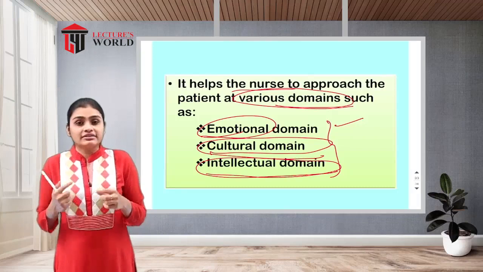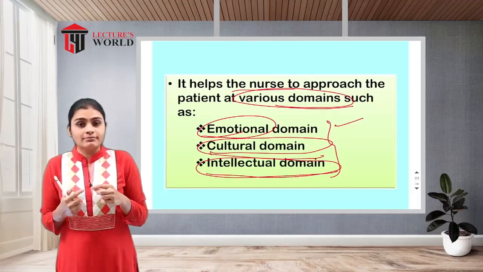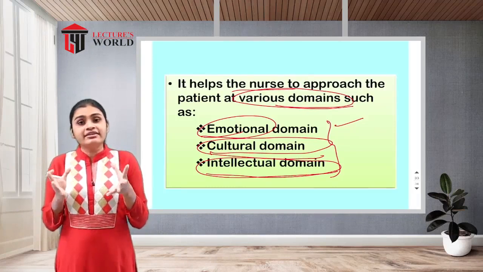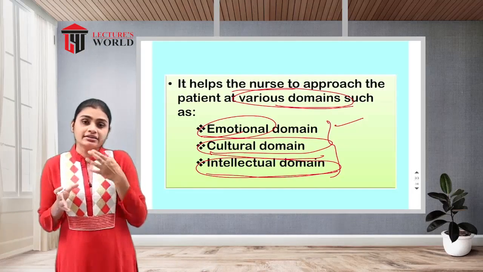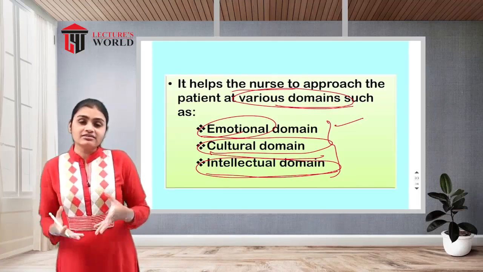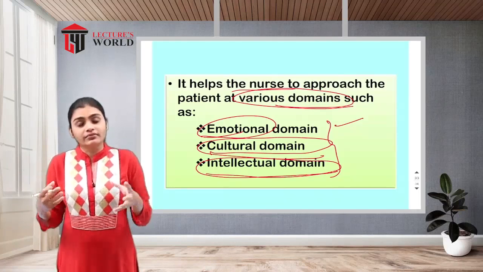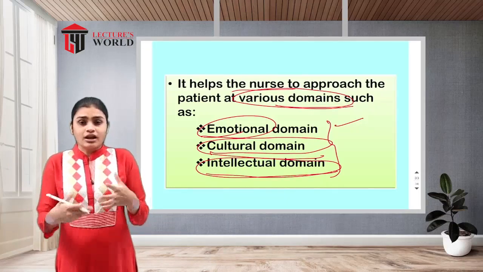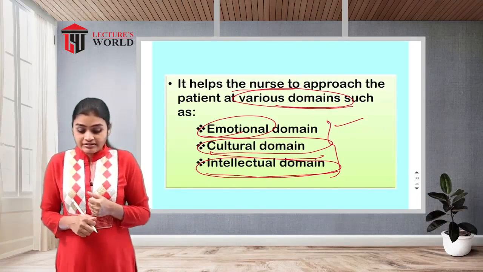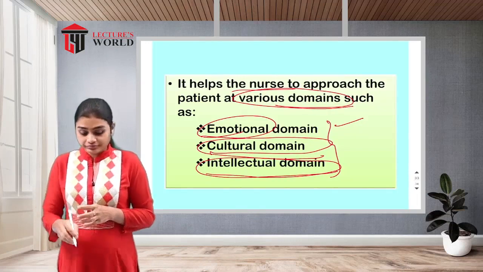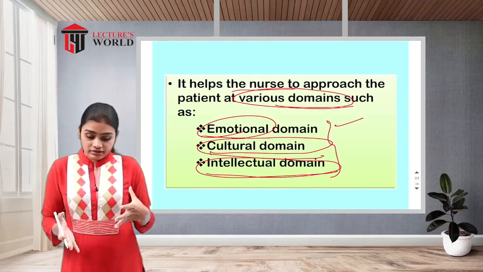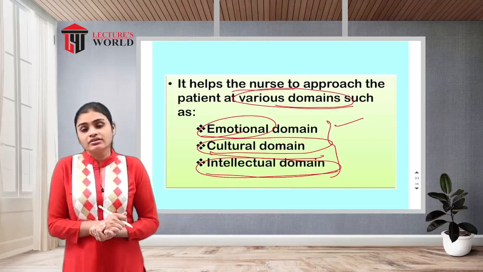So we have to keep the intellectual domain in our mind, so that by identifying their cognitive functions, their thinking pattern and their intelligence level, we can advise them this type of activities to limit their inability to do any activities or handicap. So that is your intellectual domain. So there are various domains also. It will help us to understand with the help of this sociology.